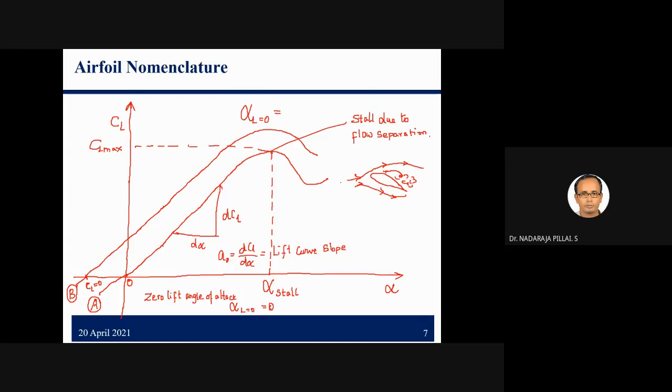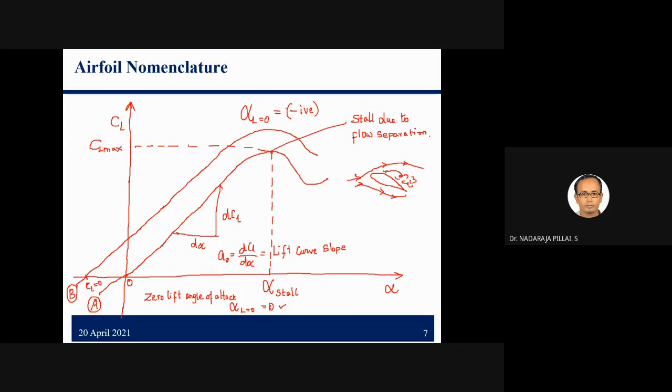We have written alpha L equal to 0 for the symmetrical airfoil, meaning that the angle of attack is 0 when L equals 0. Now the angle of attack at L equal to 0 for the unsymmetrical airfoil, what may be the value? At least for this case, assume a negative value. So this may be negative.